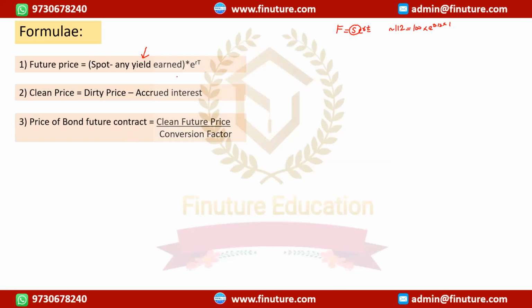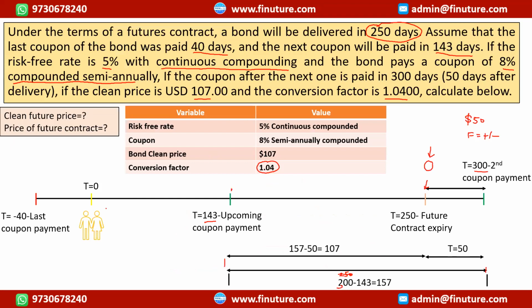So first we will need a spot price, but the trick over here is if you are standing over here, okay, there is some accruals in between this time window. So in this 40 days, there is some accruals of interest, because when the last coupon was made, there was accrual of new coupon, which is happening today.